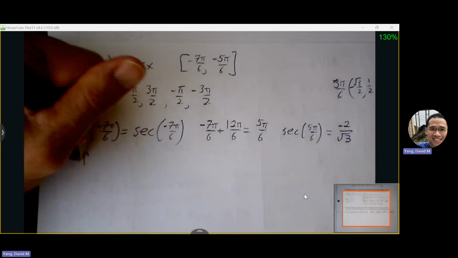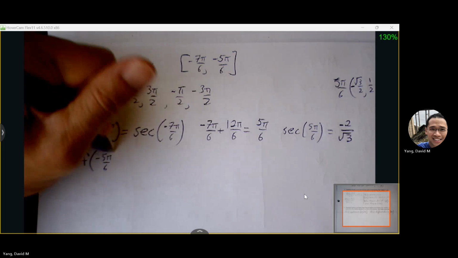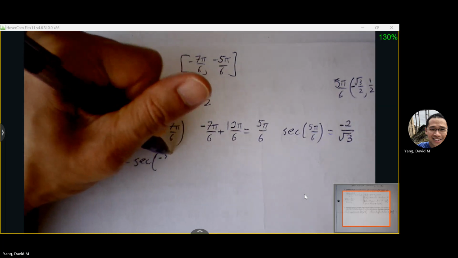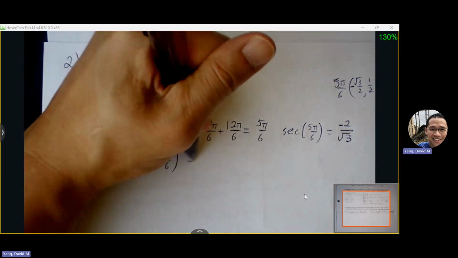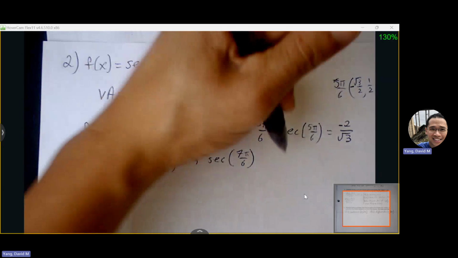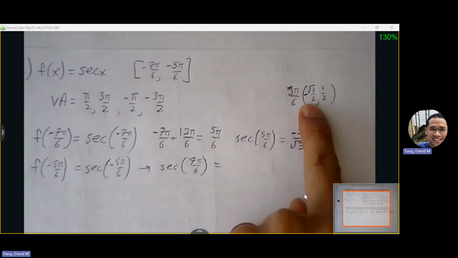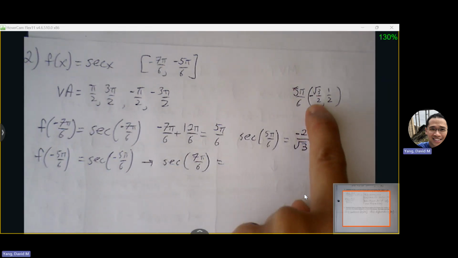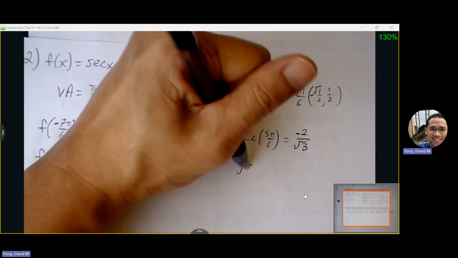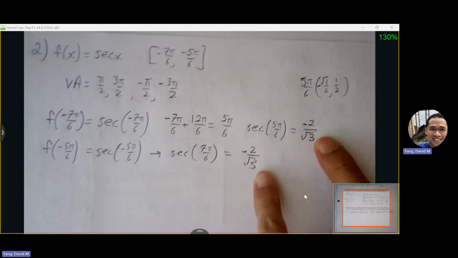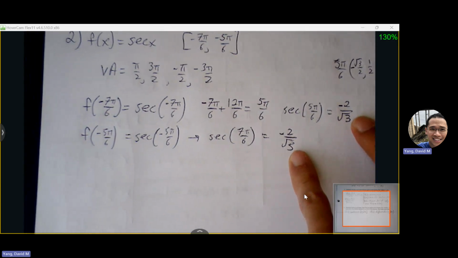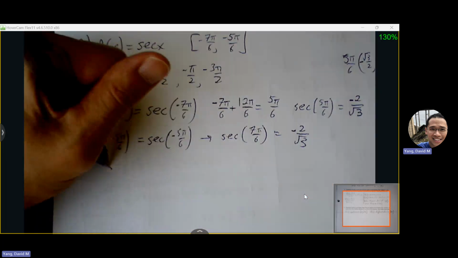And if I do f of negative 5 pi over 6, if I add 2 pi to this, that's same thing as secant of 7 pi over 6. 7 pi over 6 is going to be in the third quadrant. Third quadrant, both the x and y are negative, so this is also negative 2 over root 3. So this fits. Our conditions pass. We can guarantee that there's going to be a slope 0 between the two endpoints. Let's go ahead and write our conditions.